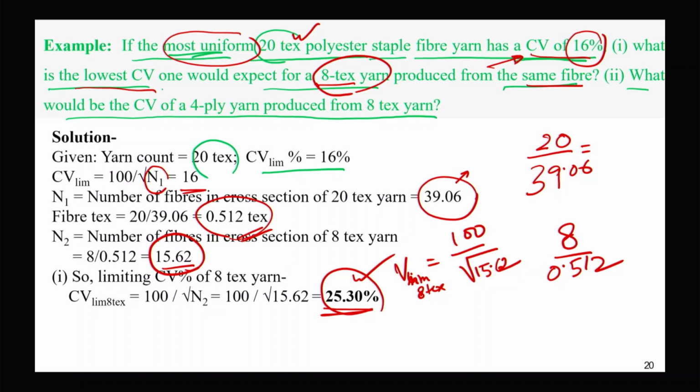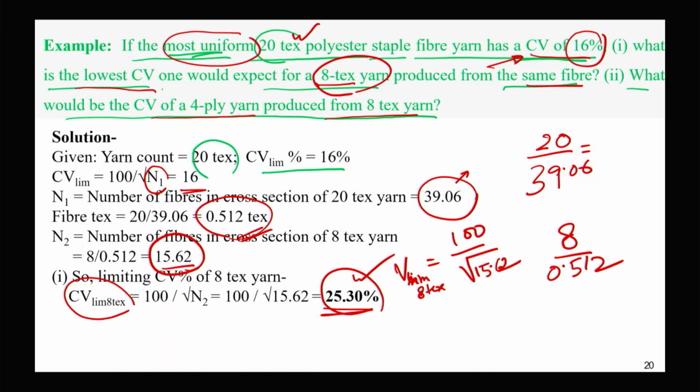Now next is what would be the CV% of 4-ply yarn produced from 8 tex. So 4-ply yarn, this part we will discuss later also in detail. If we make it ply, the CV% further reduces.